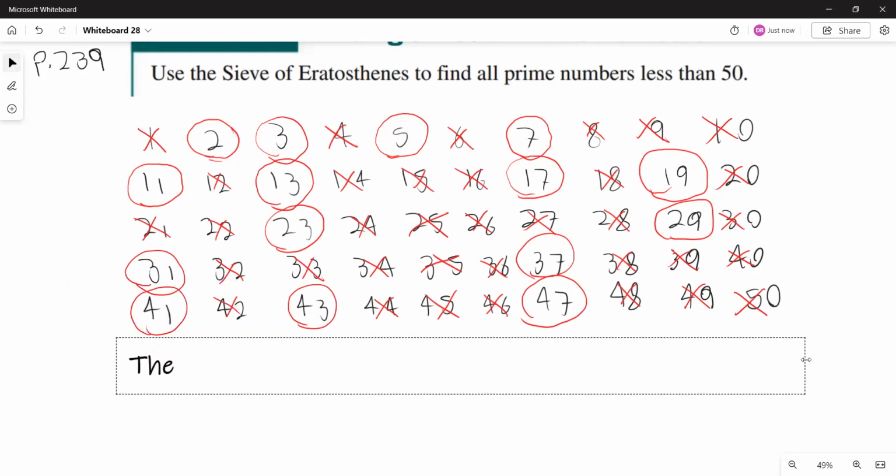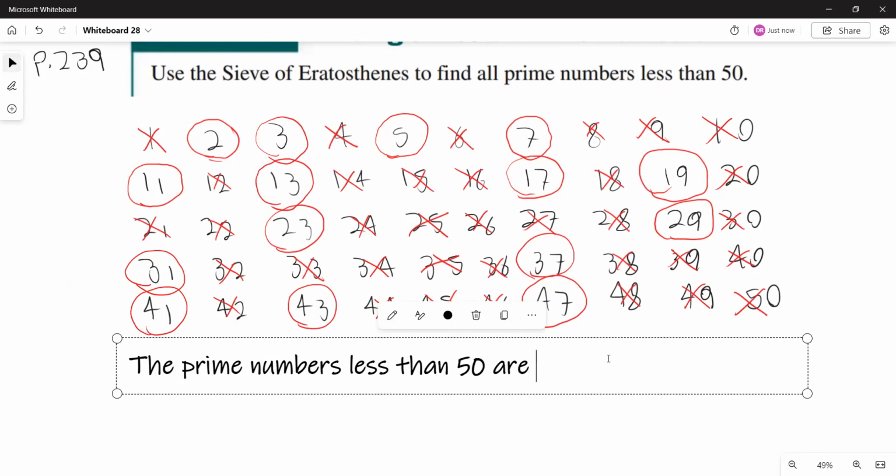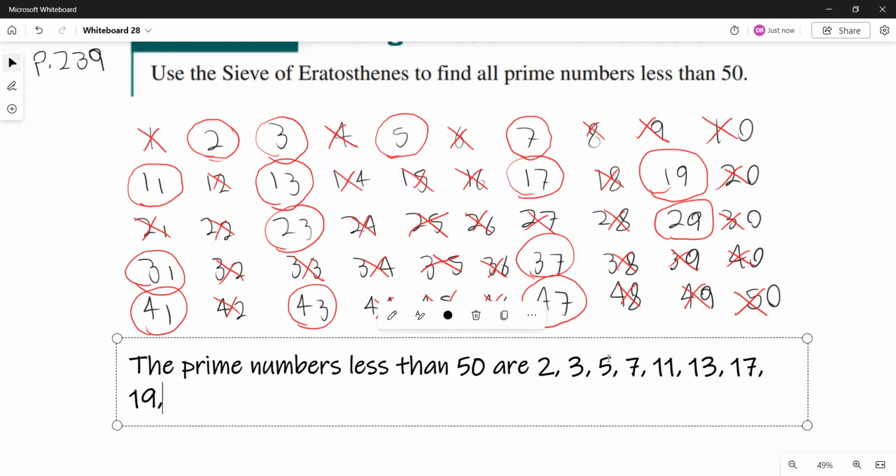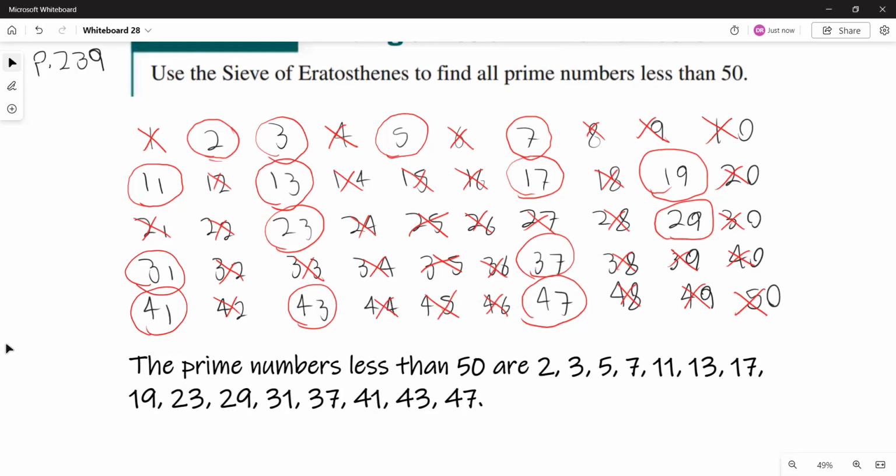The prime numbers less than 50 are 2, 3, 5, 7, 11, 13, 17, 19, we got 23, 29, 31, 37, 41, 43, and 47. So those are the prime numbers less than 50.